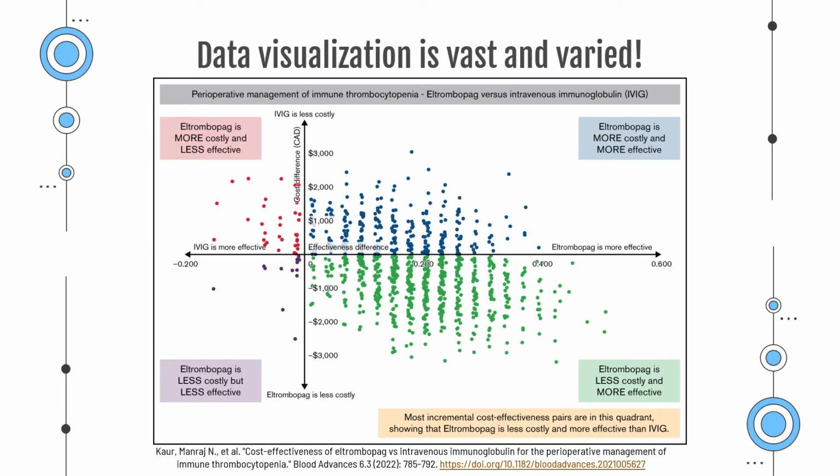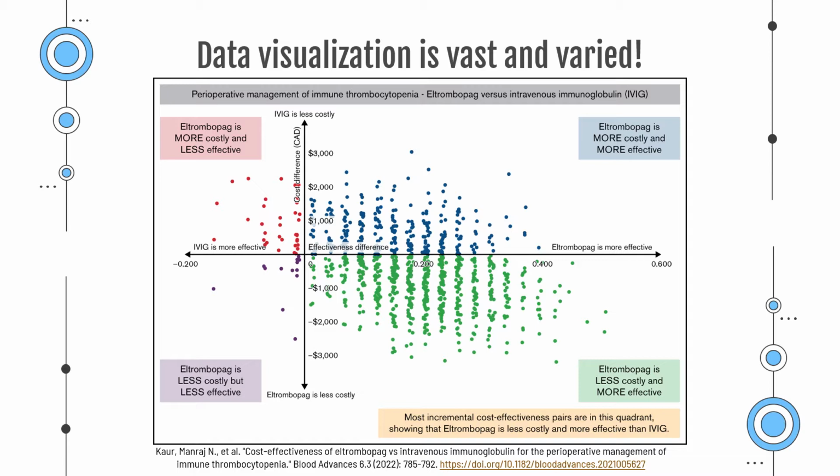Data visualization is vast and varied. This slide shows a graphical abstract that I supported, which was published in 2022 in the journal Blood Advances. And this data visualization shows a cost-effectiveness graph of L-tromopeg versus intravenous immunoglobulin for the perioperative management of immune thrombocytopenia.